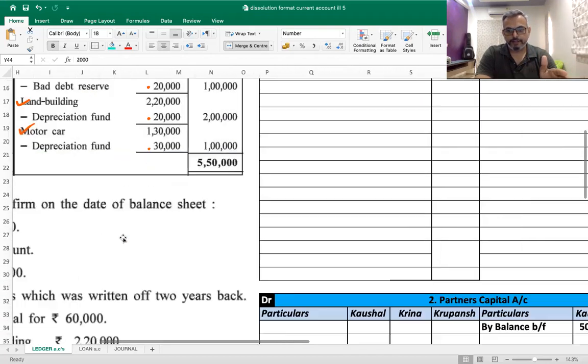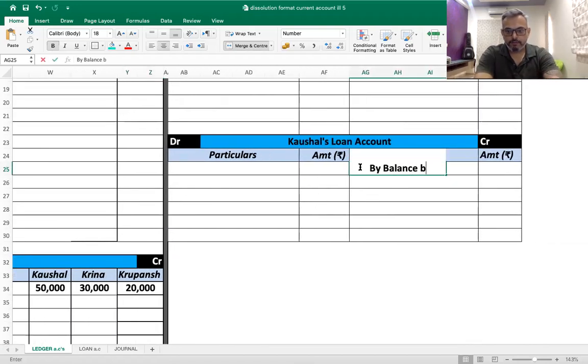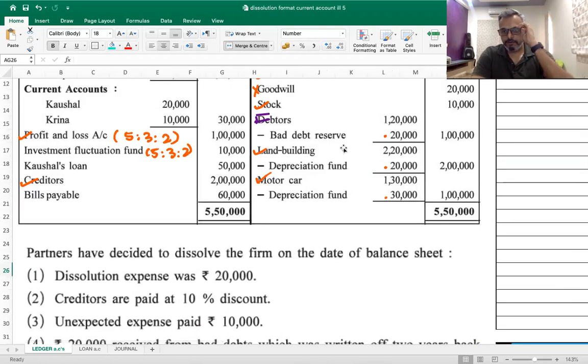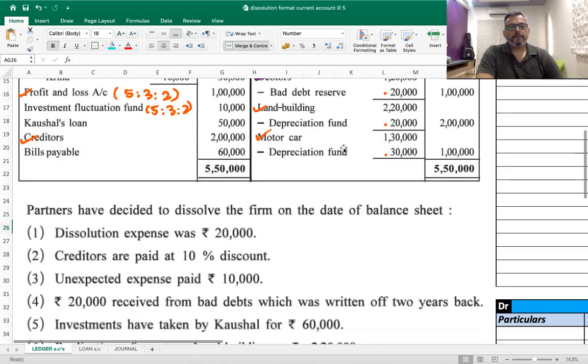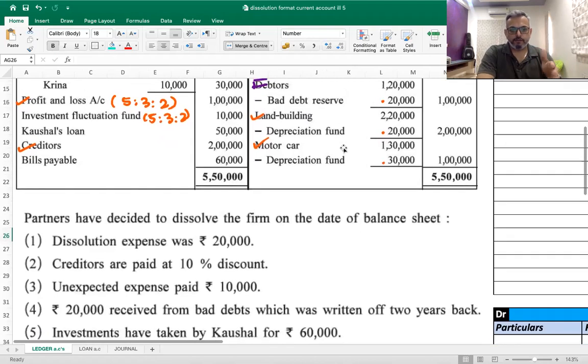Kaushal's loan 50,000. We go to Kaushal's account, by balance brought forward 50,000. Alternatively, you may have transferred it to partner's current account also. Okay, that's also fine. Now, creditors 2 lakh, bills payable 60,000.